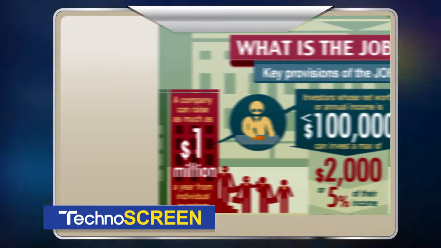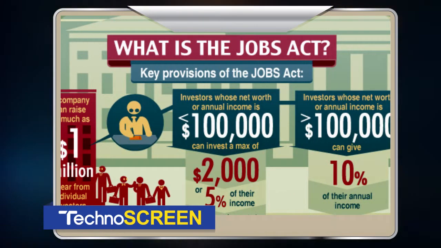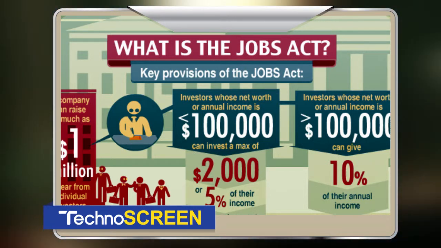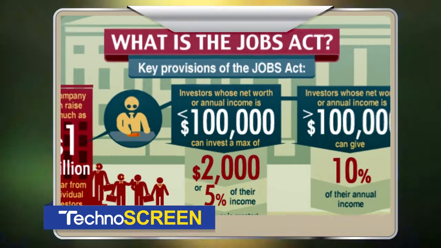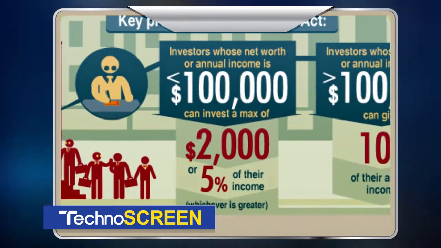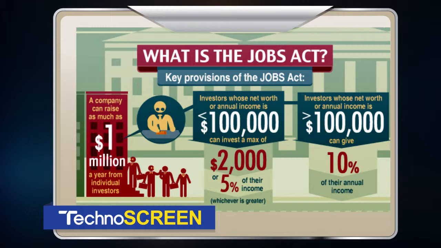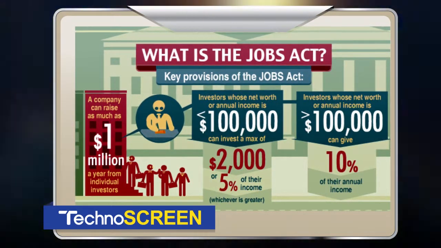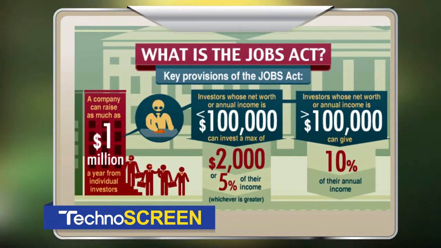The Jobs Act had a few stipulations. For example, it said that investors whose net worth or annual income was under 100,000 could only invest 2,000 US or 5% of their income, whichever was greater, per year. It also said that investors whose net worth was greater than 100,000 can only give 10% of their annual income.